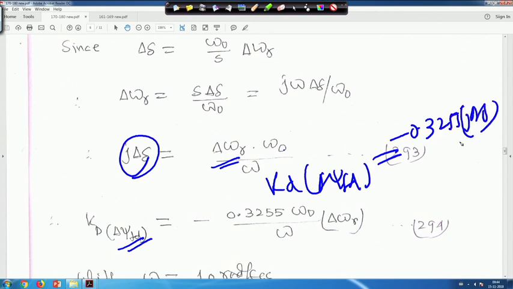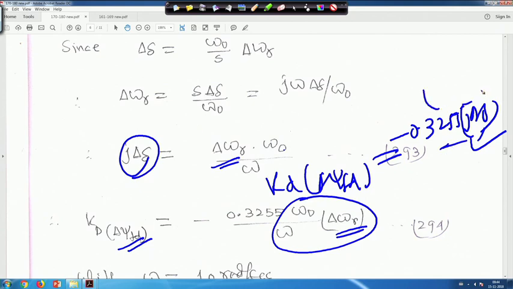Now, if you replace j delta delta by the term omega 0 upon omega into delta omega r, you can see it is a function of delta omega r. That is why we call it in phase with delta omega. And if you put it in terms of j delta delta like this, then we call it 90 degrees out of phase. This is the meaning.